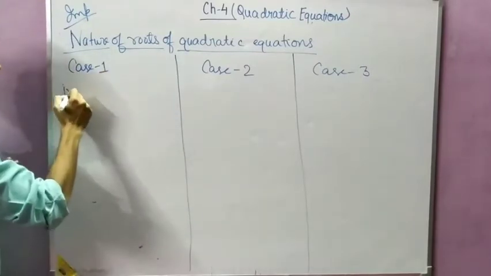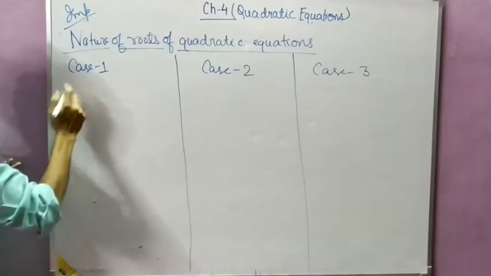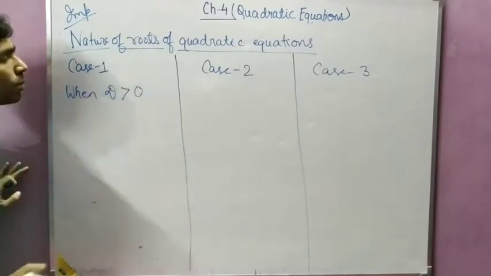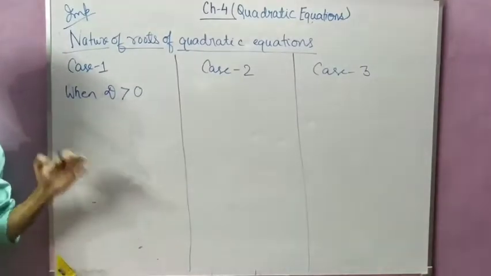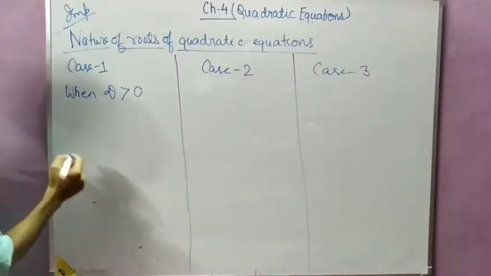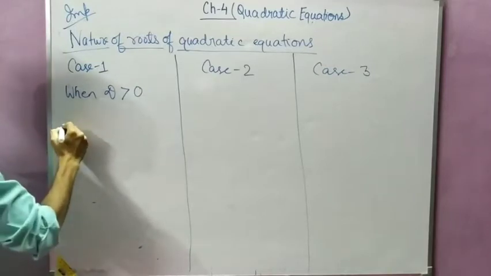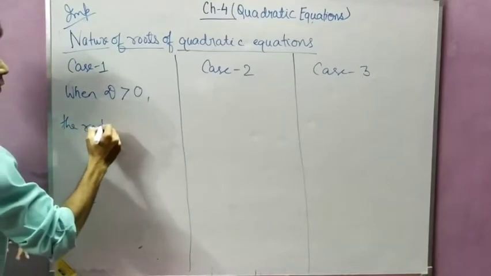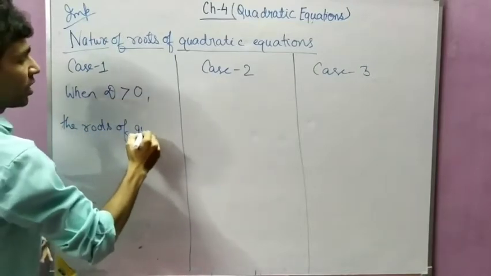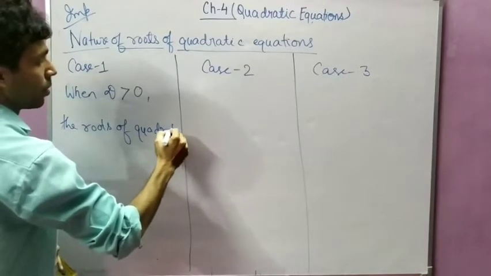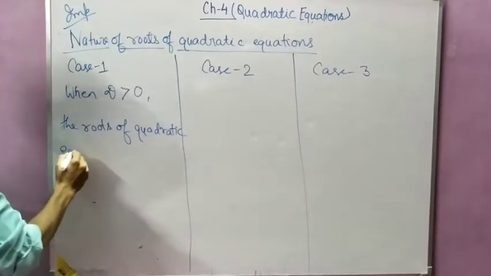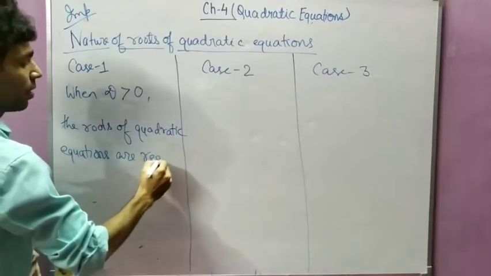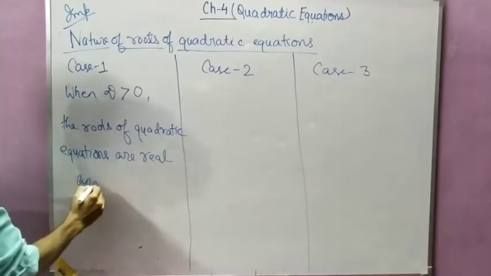The first case is when D is greater than 0. In this case, the roots of the quadratic equation are real and distinct.